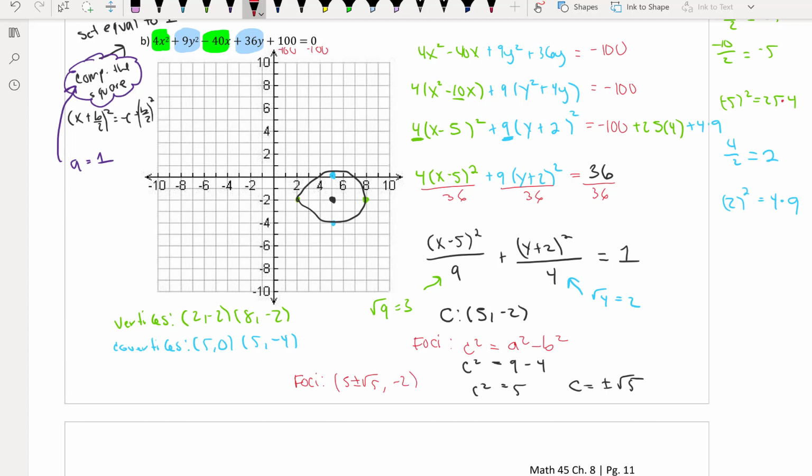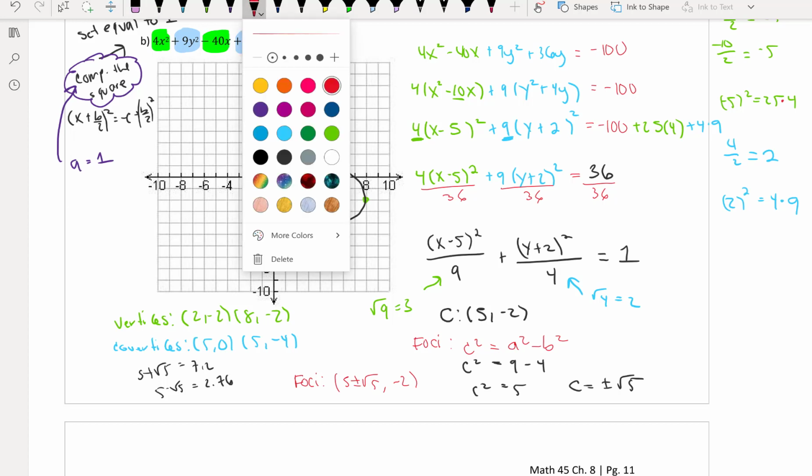So let's see. If I have 5 plus the square root of 5, that's going to be about 7.2. And 5 minus the square root of 5, that's about 2.76.